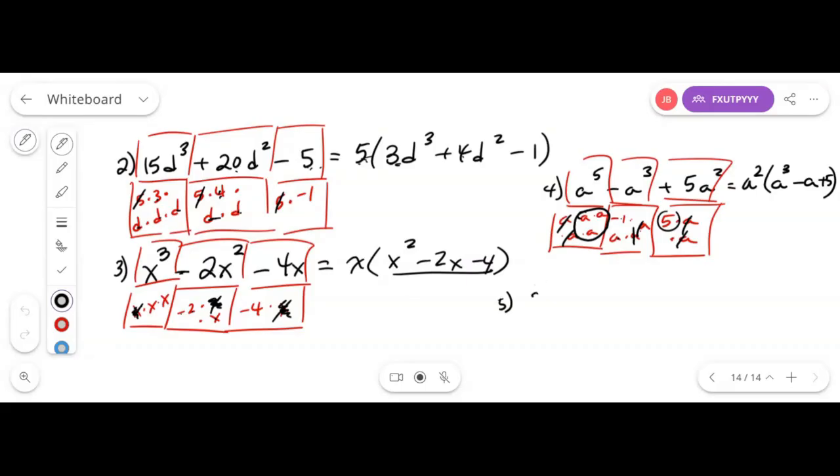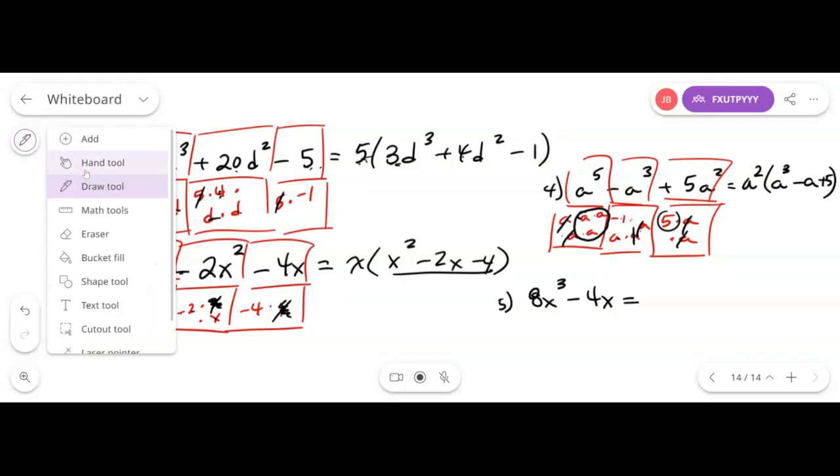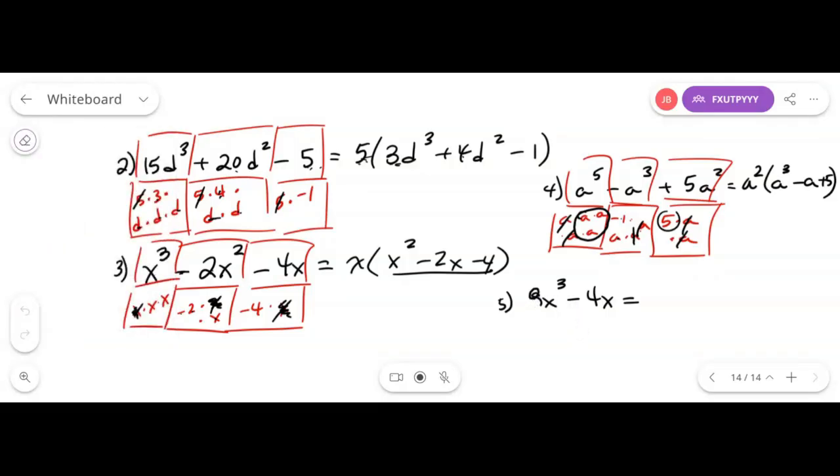All right, what about this? And that's an 8. What can I take out of both boxes?